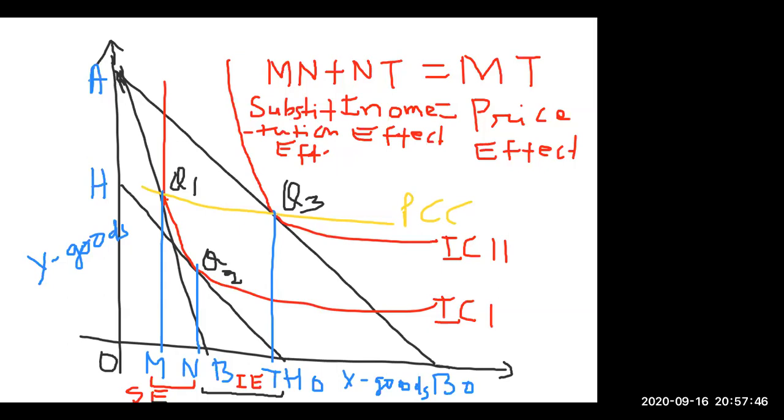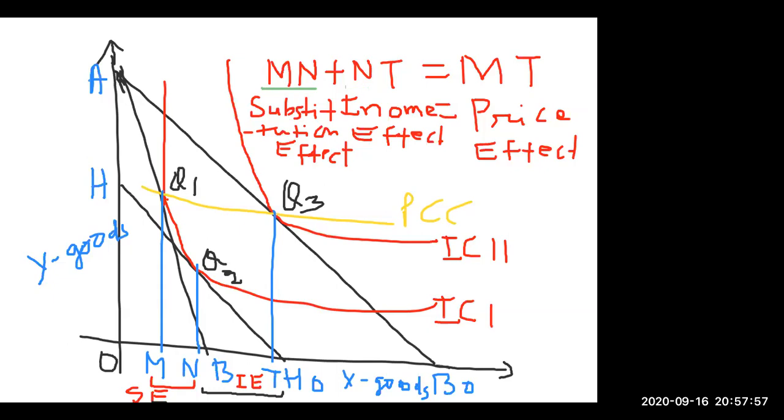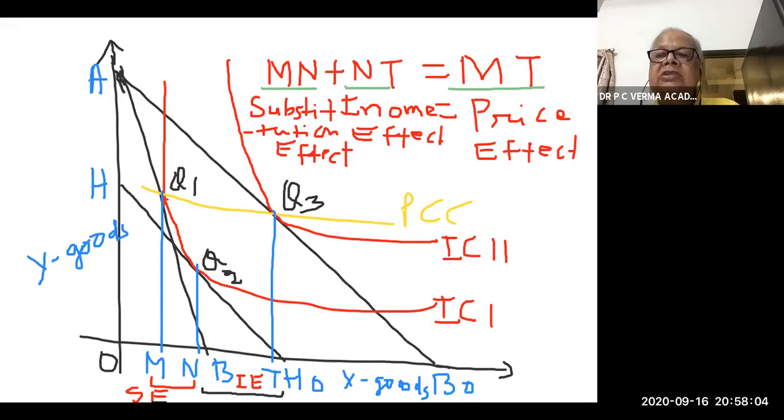What we notice is that the price effect is the sum of the income effect and the substitution effect. The price effect is the sum of the substitution effect and the income effect.